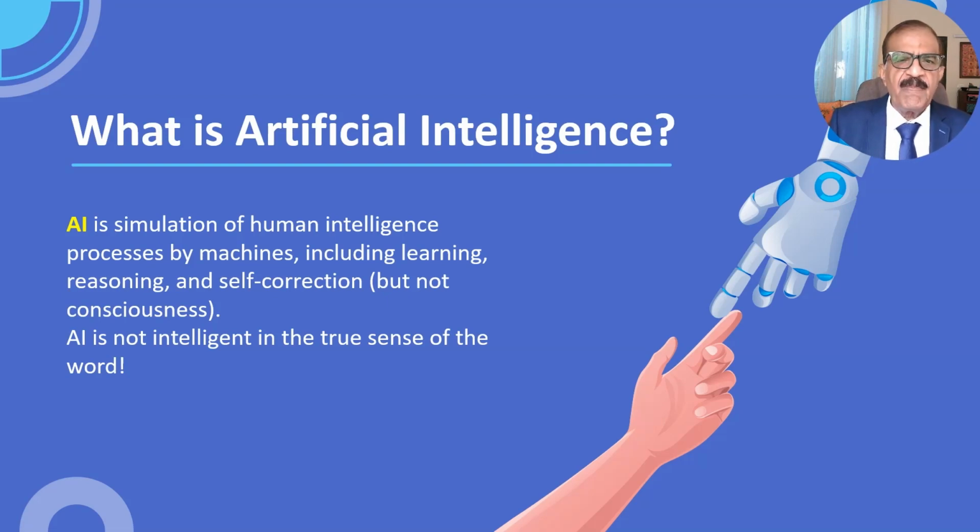Of course, learning and memorizing are very easy for a machine, but reasoning is a relatively new thing, and so are self-correction and self-learning. Now, a machine can learn from its own experience, and that is actually part of artificial intelligence.